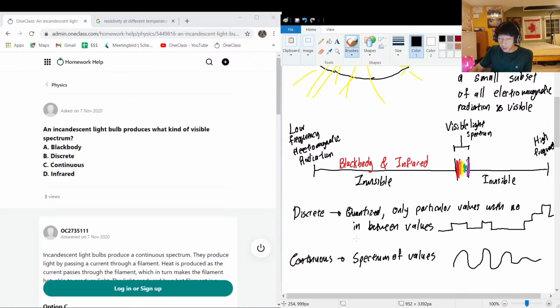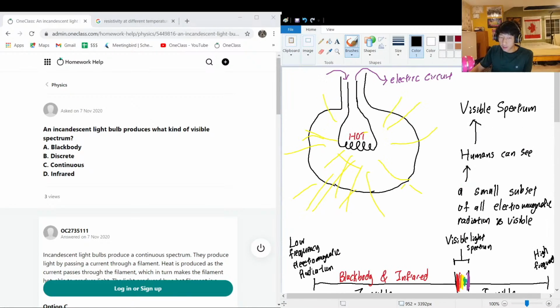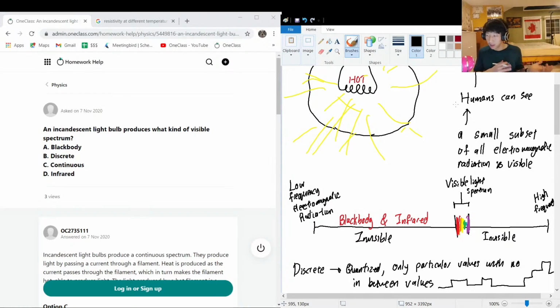Okay, so the light emitted from the incandescent light bulb is going to emit light from all different spectrums or all different frequencies, in the visible light spectrum as well as in the infrared area. So there's going to be a little bit of red light here, a little bit of green light here, a little bit of blue light here, and all of those are added together to make the combined light signal that comes out of an incandescent light bulb like this.